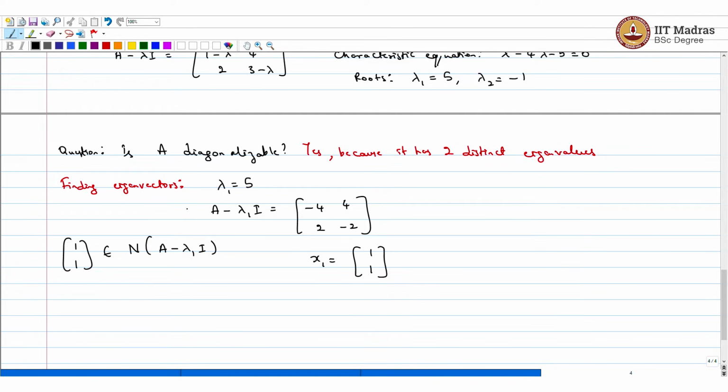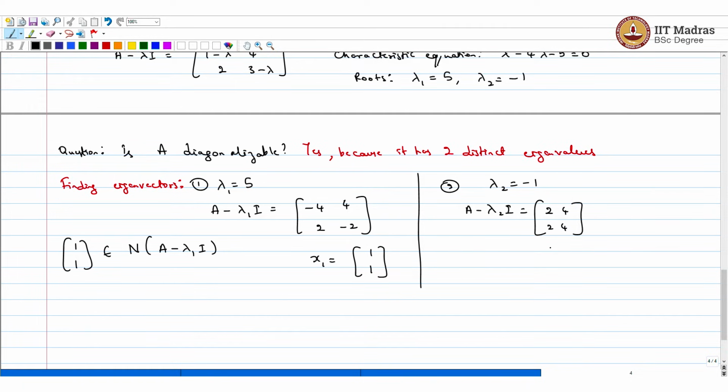Now let's look at the second eigenvalue, lambda 2 equals minus 1. In this case, A minus lambda 2 I turns out to be 2, 4, 2, 4. Now, how do I make the sum of columns 0?